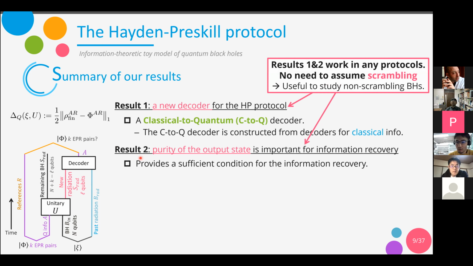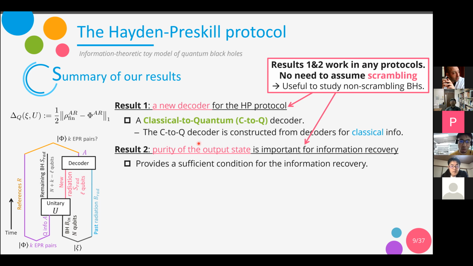And here I should emphasize that, I was saying these are decoders and sufficient conditions for the Hayden Preskill protocol, but actually these two results hold in any protocol, and we don't have to assume scrambling as well. So maybe these two are useful to study non-scrambling black holes, or maybe it's also useful to study just information recovery from the noisy quantum channel.